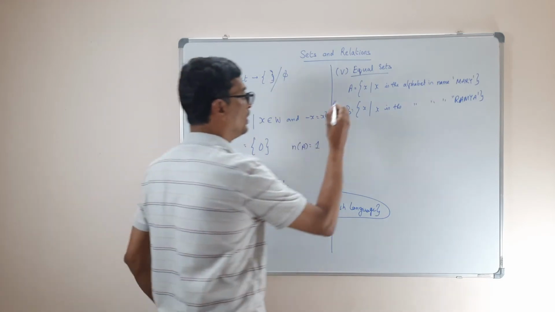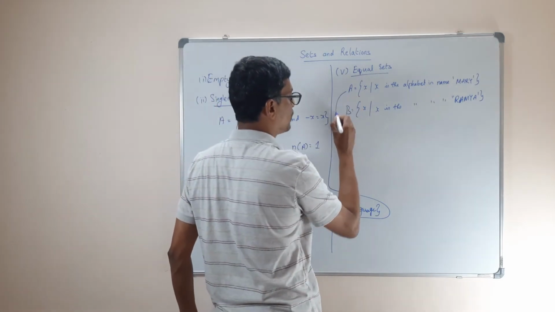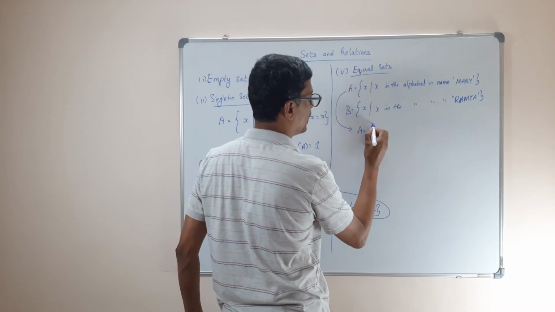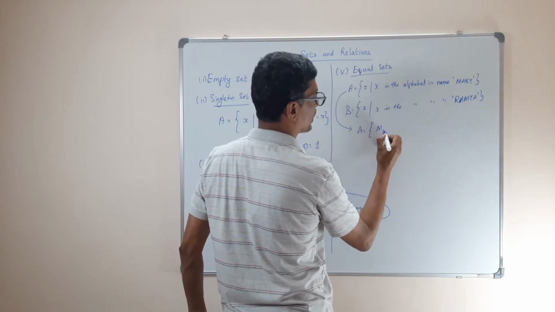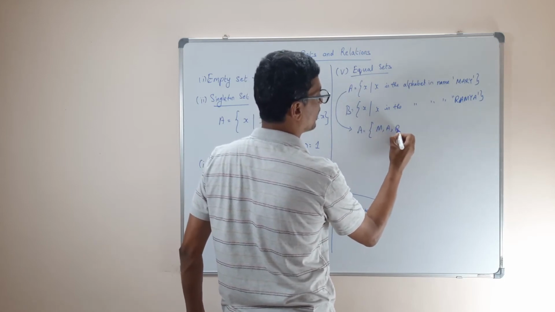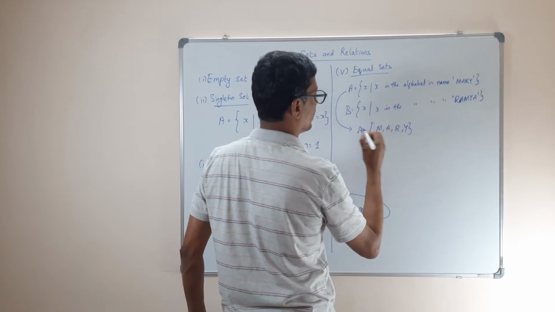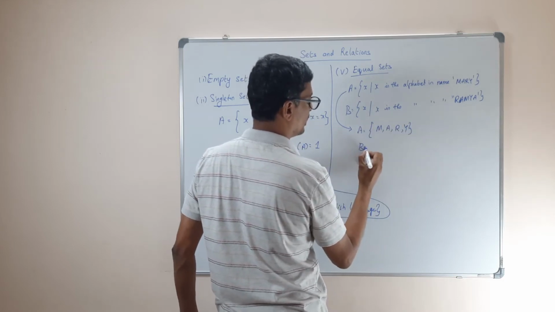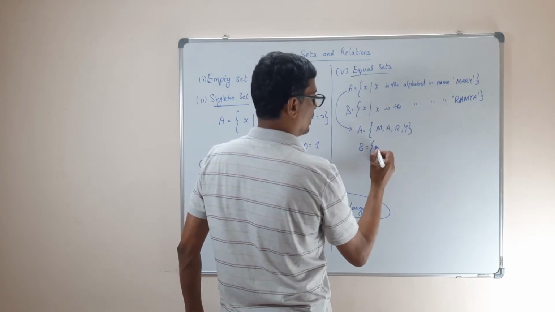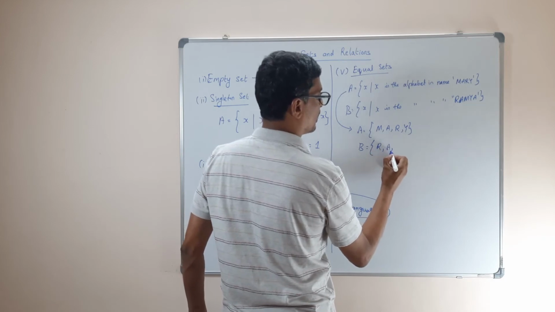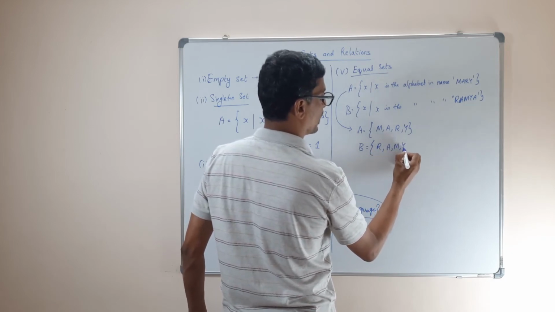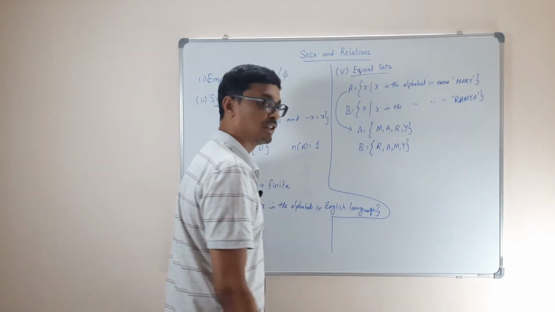So if I want to write it in the roster form, A will be M, A, R, Y. And for B, R, A, M, Y. Are they both equal?